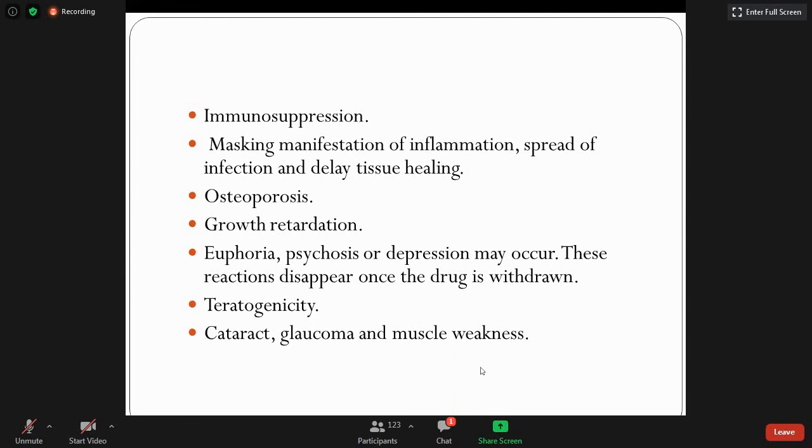Immunosuppression, right? In a few examples this immunosuppression is required, because we use glucocorticoids in certain conditions where we require immunosuppression. One important example is organ transplantation, in which we require immunosuppressive activity. Number two, in autoimmune disease we require immunosuppression.